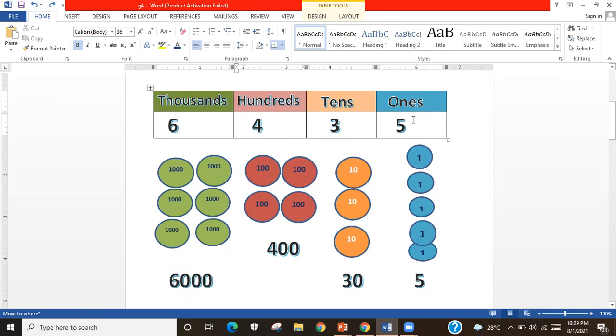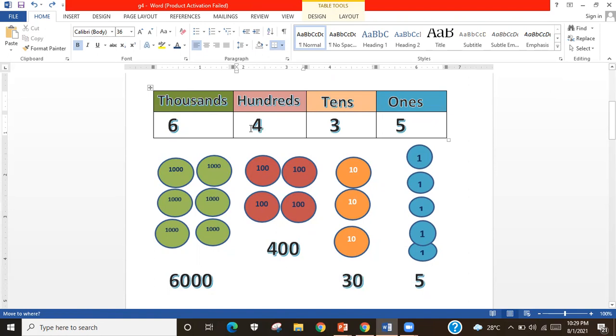You will identify from the last one. The last digit, 5, always counts as ones. So you have 5. The second last is 3, which always counts in tens. That means you have 30. The third digit always counts as 100.